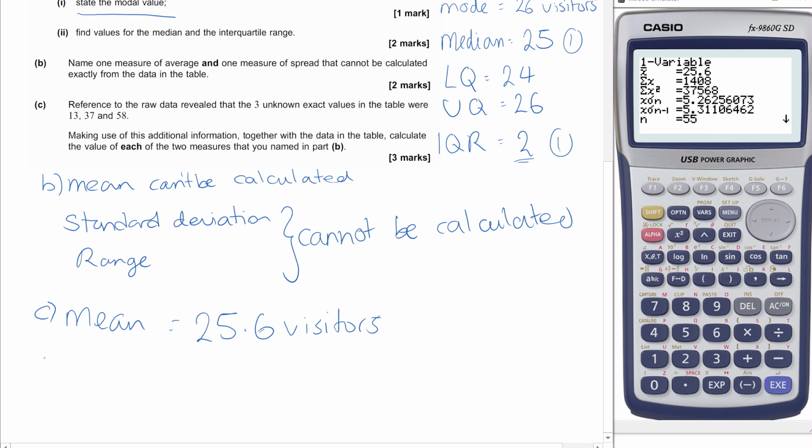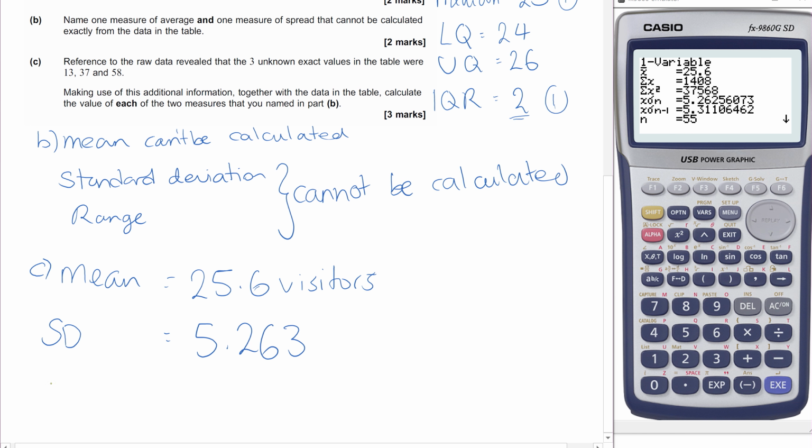And then if we're doing the standard deviation, this is a standard deviation, in my opinion, of a sample, so we're going to use the top one here. Incidentally, it doesn't actually matter which of the two you use, either one gives you the mark. So if you write down 5.26 or if you wrote down 5.31, you would get the marks.